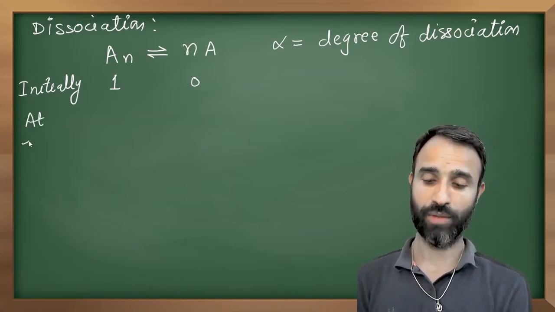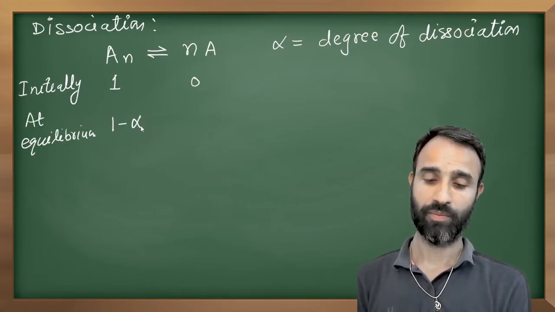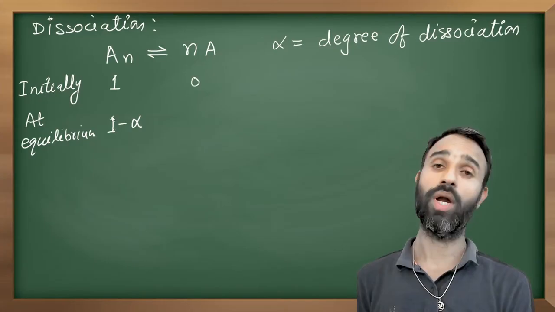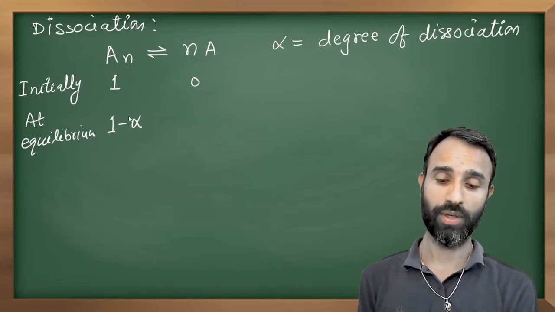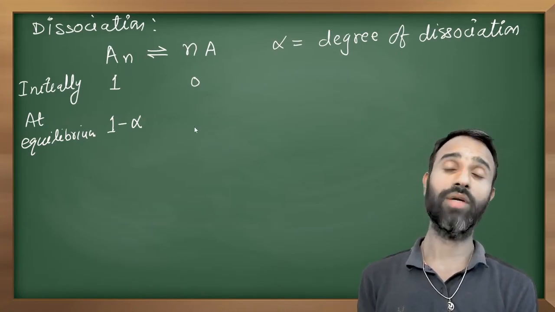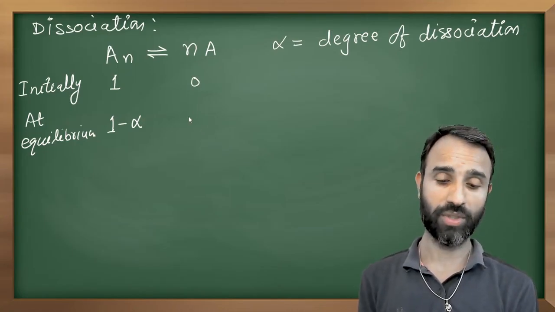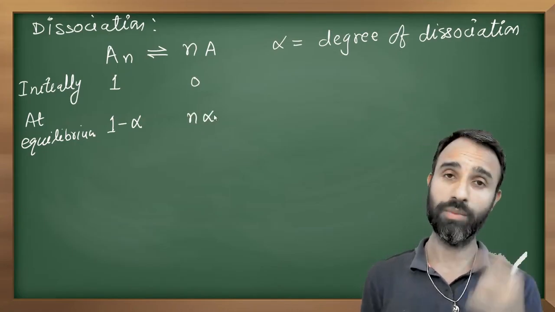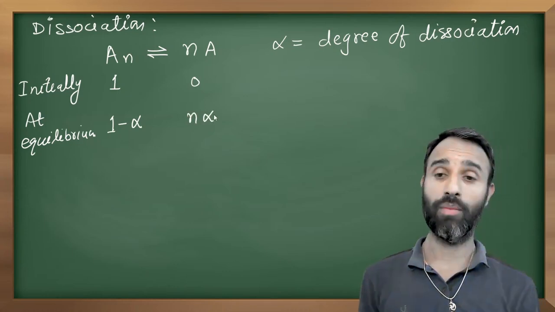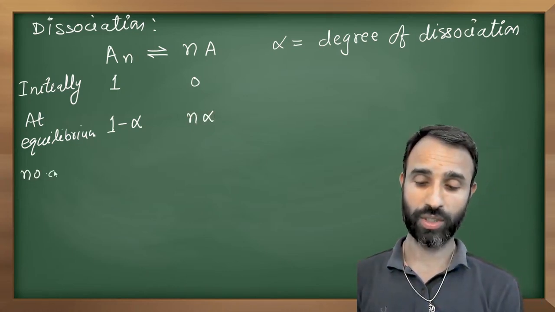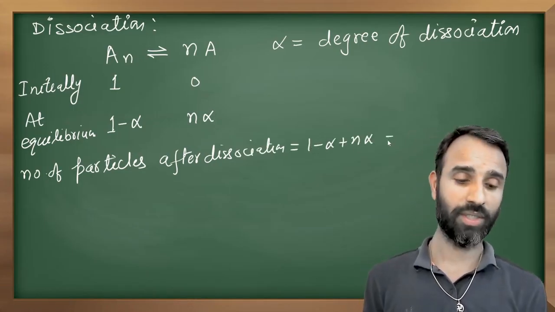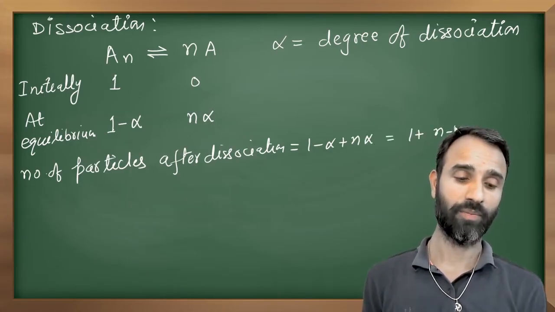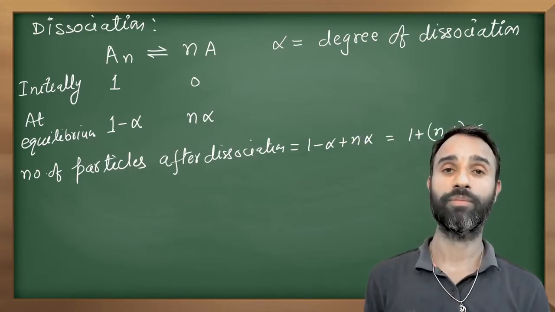Now at equilibrium, out of 1 mole, alpha moles undergo dissociation, so the number of particles becomes n alpha. So the number of particles after dissociation is equal to 1 minus alpha plus n alpha. That means it is equal to 1 plus (n minus 1) alpha.